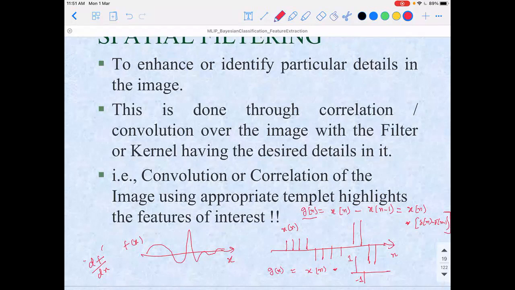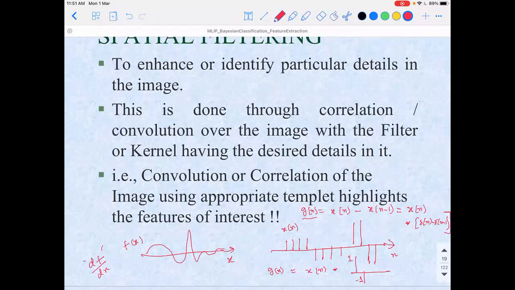Convolution operation means what? For those who are not very familiar, convolution means placing the signal at the given location, multiplying element by element, finding the sum and putting it at this location. If I flip the signal and do the same process, I refer to it as convolution.